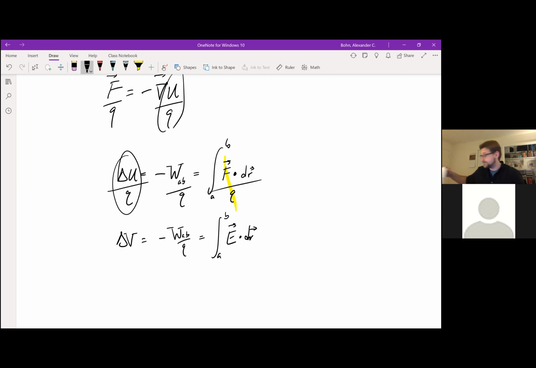You don't want to call it dr. You want to call it dl, the length along some path. Fine. But that's still got to be true.